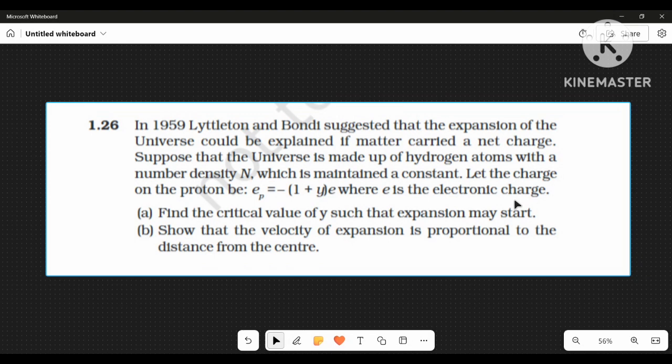And let me address the elephant in the room. This problem might not be appropriate for plus 2 students, but it is definitely something which I hope you will be able to understand if you are well conversant with the fundamentals of electric charges and fields, for that matter, and some basic high school mathematics will do.